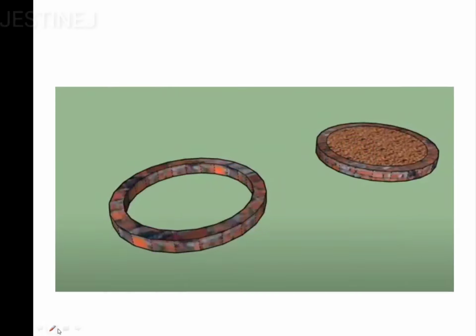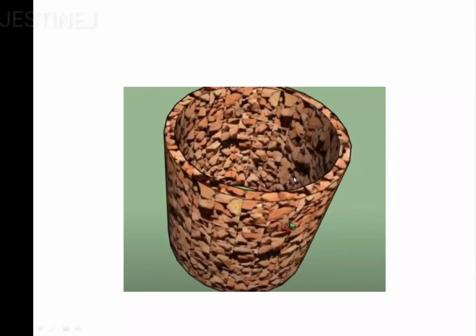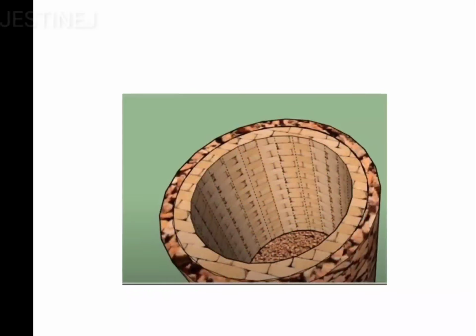Then coming to the soak pit, the bottom layer is constructed in this way with the diameter, and here the coarse aggregates are provided. This is the diagram to represent the dry brickwork. Dry brickwork is provided here, and it is again coated with another layer of brick aggregate.